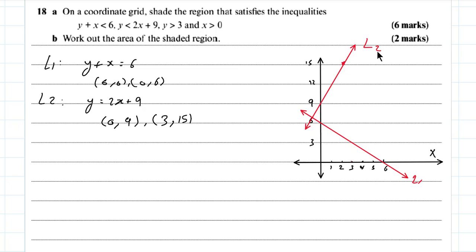And this is L2. For L3, y equals 3, which is a straight line parallel to the x-axis. This is L3. Finally, x is more than 0 means the half plane right of the y-axis, right?